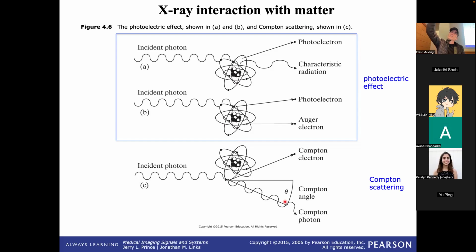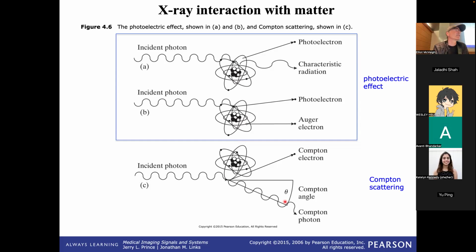It's a smaller angle at which the Compton photon that results from this interaction of our incident photon comes close to an electron and sort of reflects off of it at some angle. And then as that Compton photon travels to our detector, one hopes that it's at a sufficient angle that it hits what's called the anti-scatter grid and gets absorbed, right?